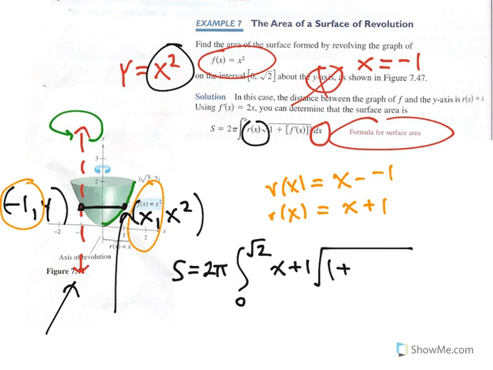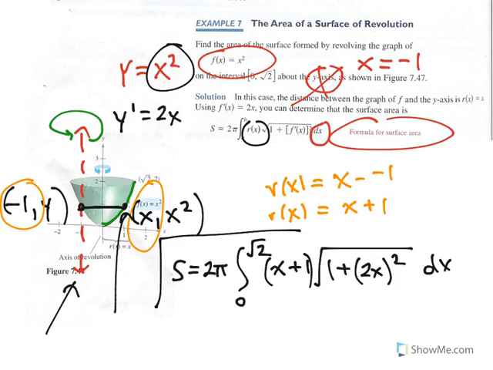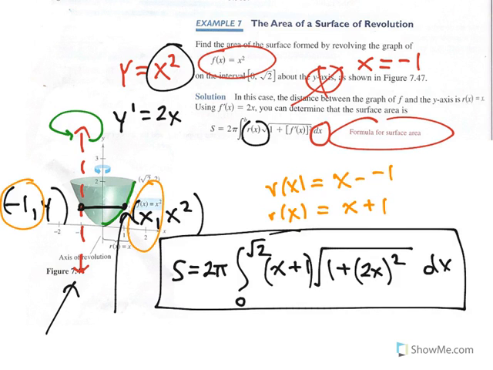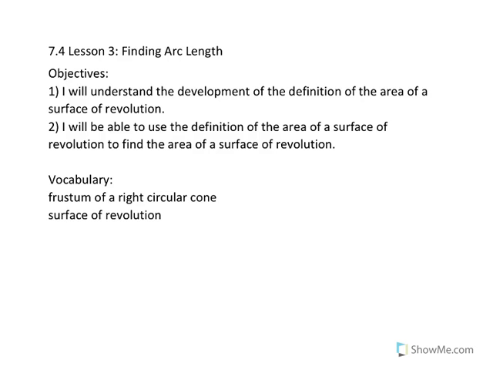And then you have the square root of 1 plus the square of the derivative. The derivative is 2x, so you still have 2x, and then you have to square that, and then you have dx. And in this particular problem, this is all we wanted to do. We just wanted to write the definite integral without necessarily evaluating it.